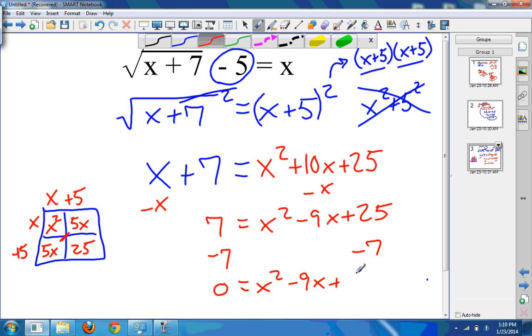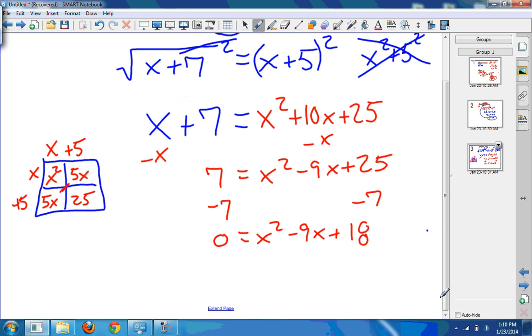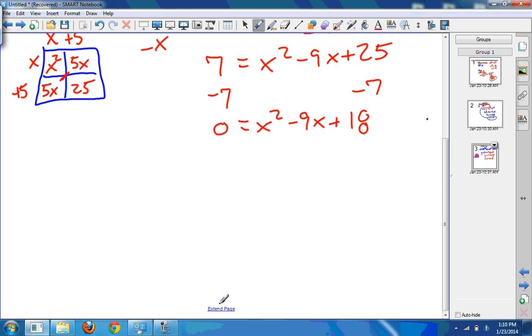Alright, so this should look a little familiar. This is a quadratic. So we can solve it a couple different ways. We could do factoring. We could do the quadratic equation. I think factoring is the easiest method. So let's take a look at this. And we have 18 we're going to put here, and x squared here.